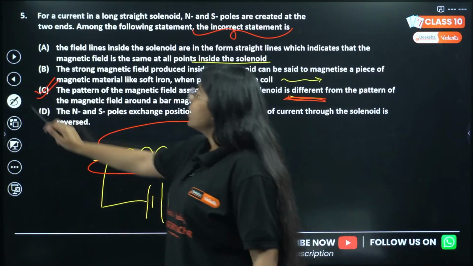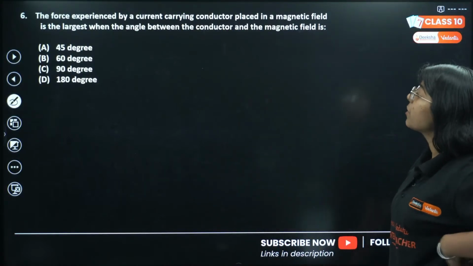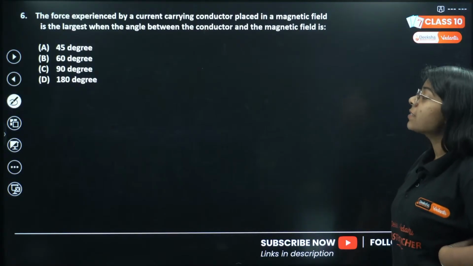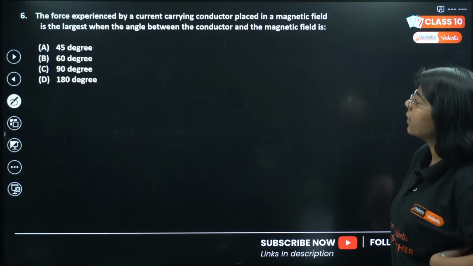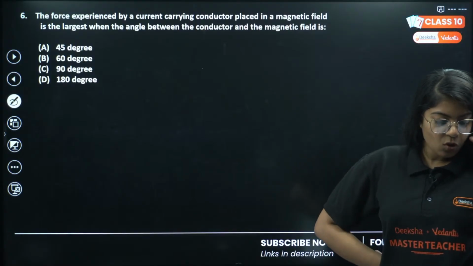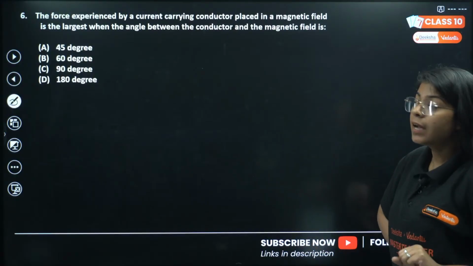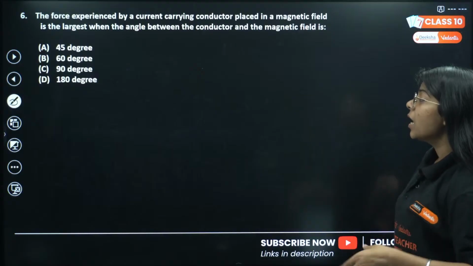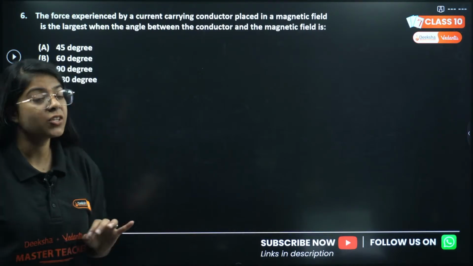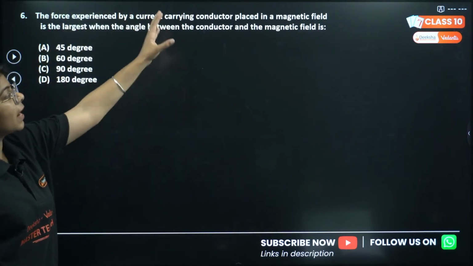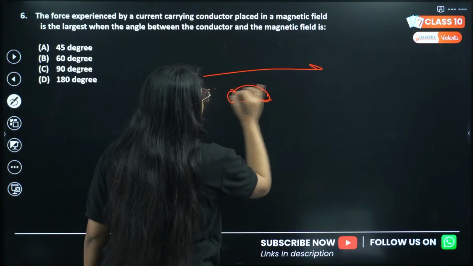Correct? Okay. Sixth question: the force experienced by a current carrying conductor placed in a magnetic field is the largest when the angle between the conductor and the magnetic field is what? Let's say this is my conductor, and this is the magnetic field.